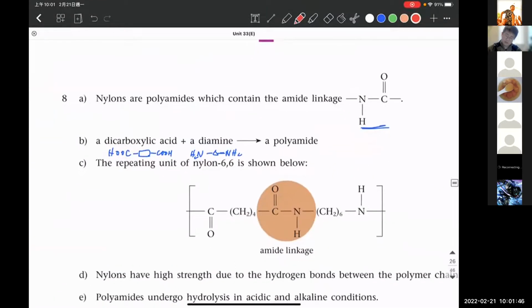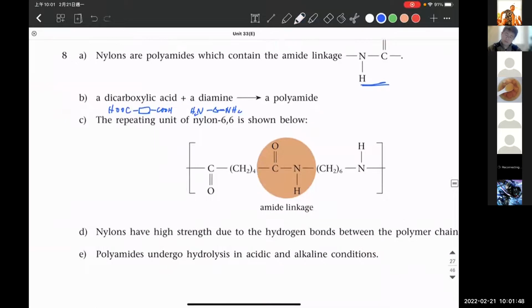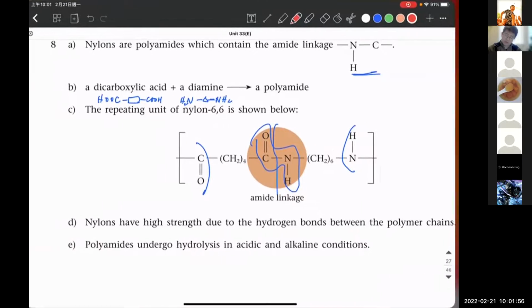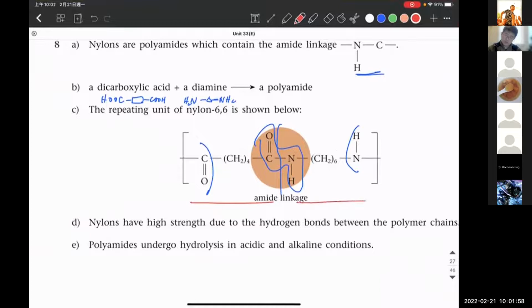Similarly, if we take a look at amide, you chop here, it's just part of the amide linkage. The whole thing is amide linkage, right? You chop here, you may find the original substance. It is dicarboxylic acid, while this one is diamine.